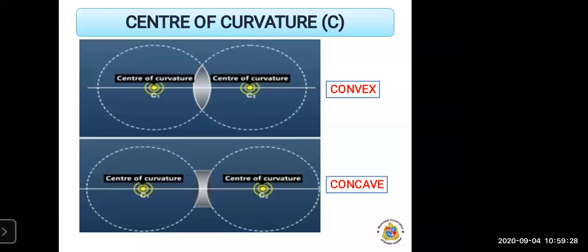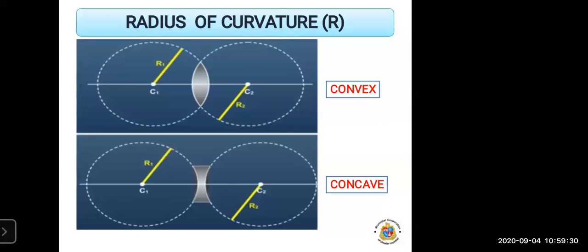Now next one is the radius of curvature. Now we know the circle, the circle having a center, and what is meant by the radius? That's the distance between the center of the circle and the circumference of the circle. That distance is called the radius of curvature.